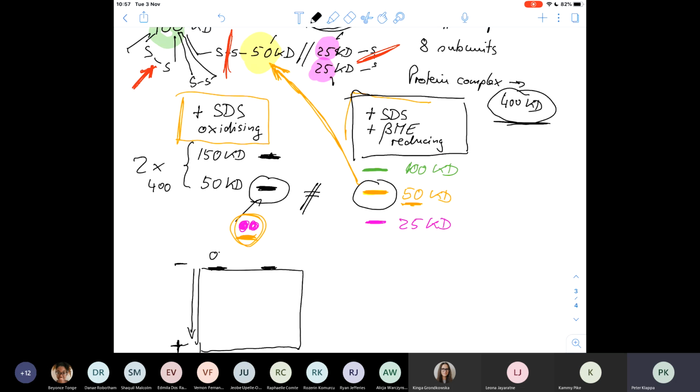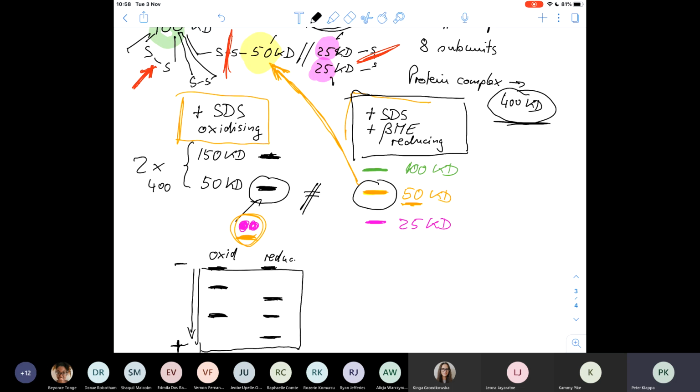We run it under oxidizing conditions or reducing conditions on the same gel. And we would get, in one case, the oxidizing conditions like that. In the reducing, we get a pattern like that when we visualize the gel.